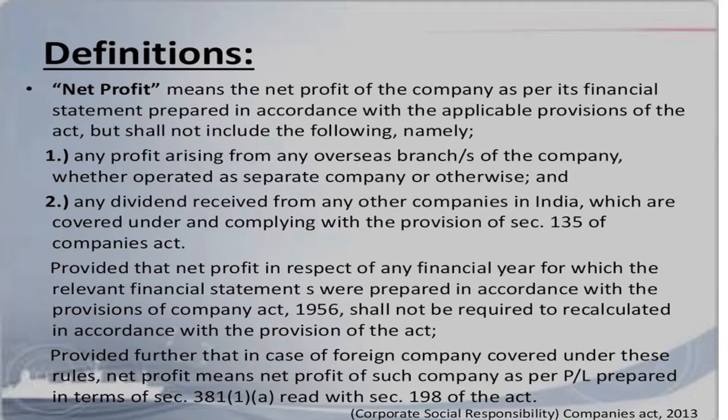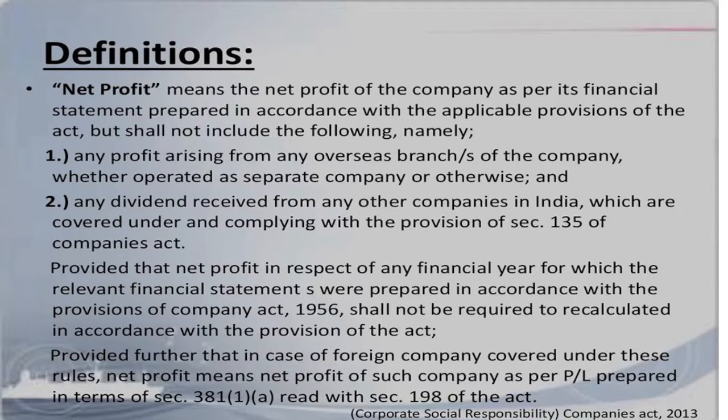From the net profit, any profit arising from any overseas branch of the company, whether operated as a separate company or otherwise, should not be included, that is, the profit of a foreign or overseas company.